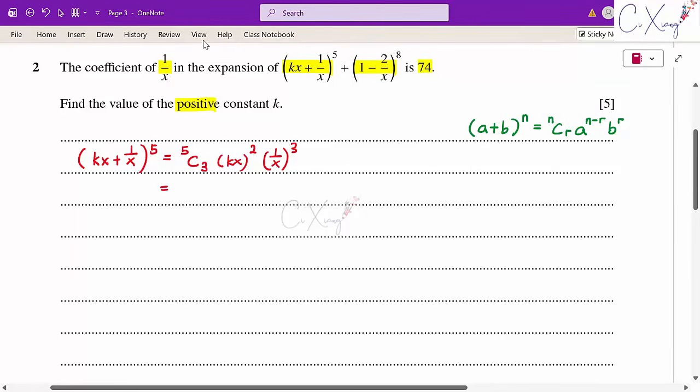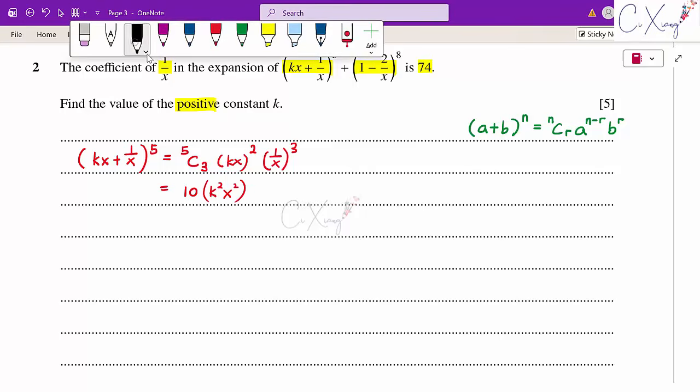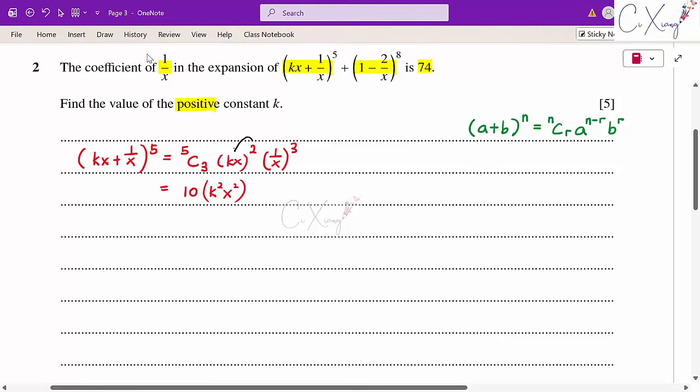After that, you can simplify it first. If I expand this particular term, 5C3 is 10. Then you have k squared x squared. Don't forget that the power 2 must belong to both terms in your bracket, and the 3 also you put inside.